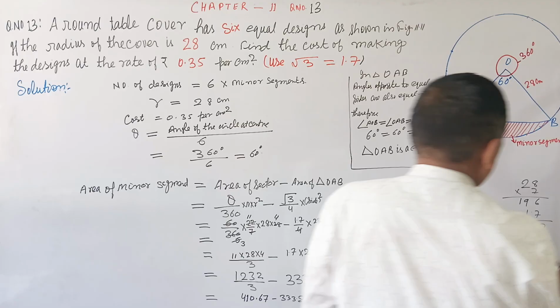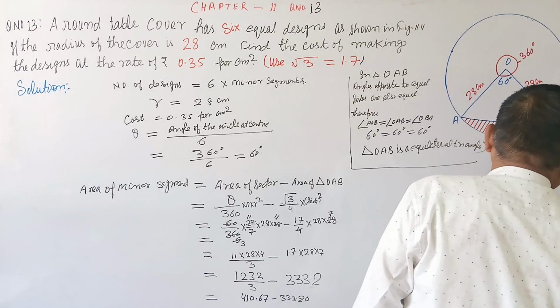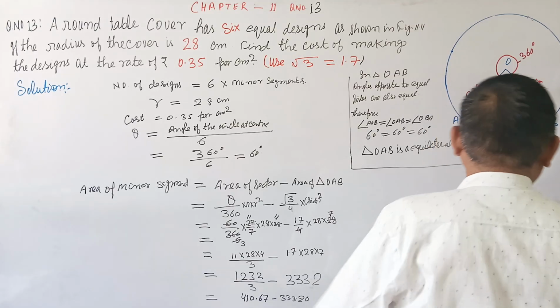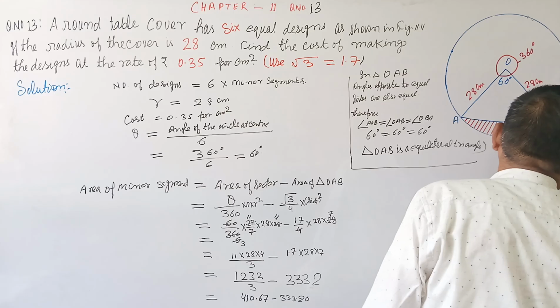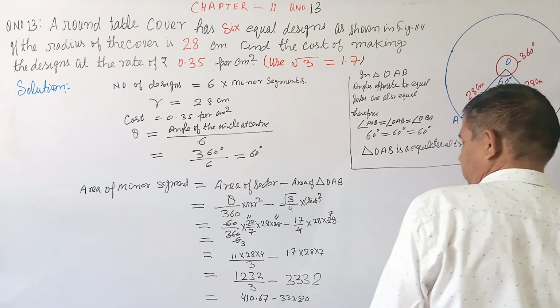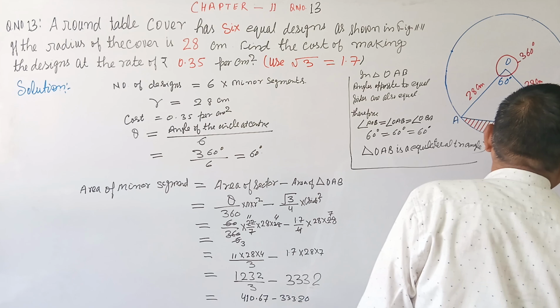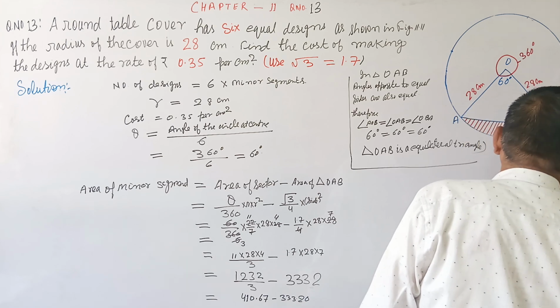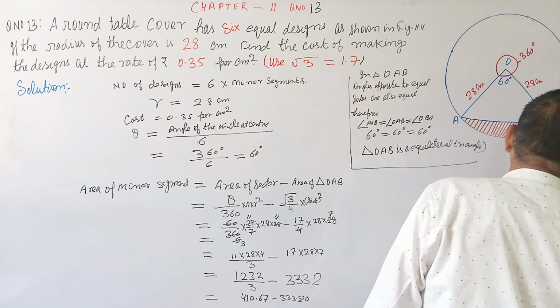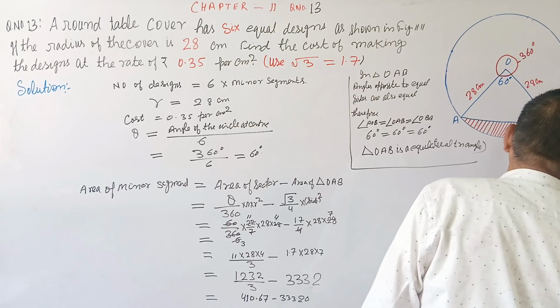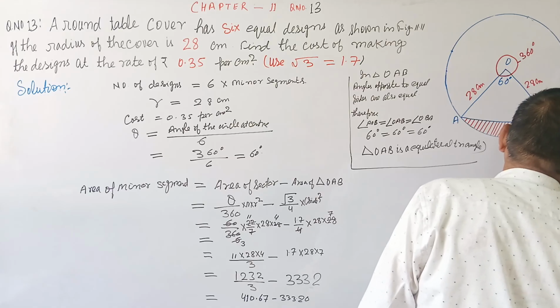Now I will subtract this value, 410.67 minus 333.20.